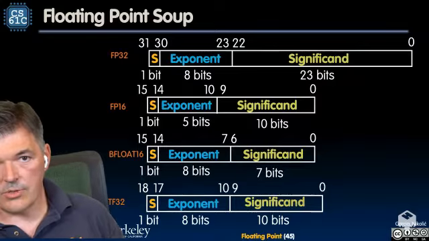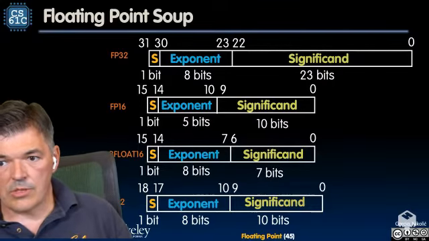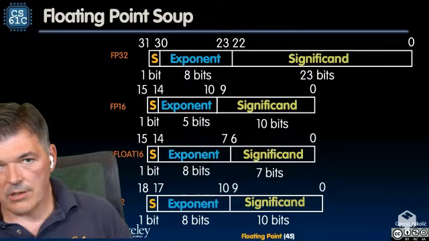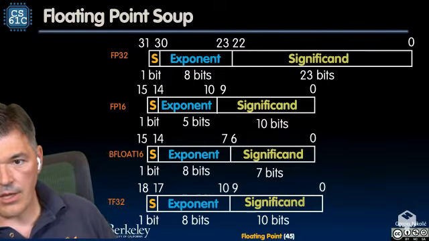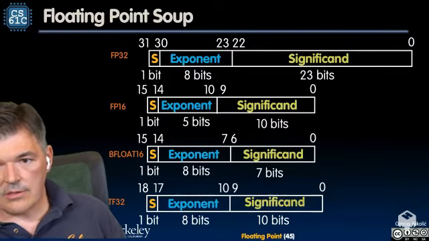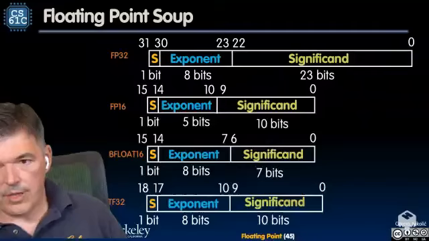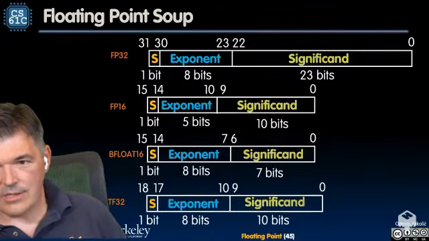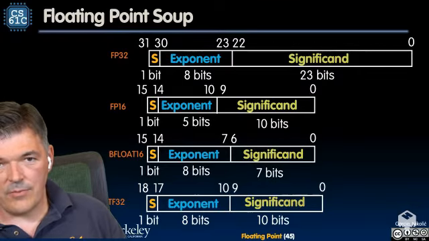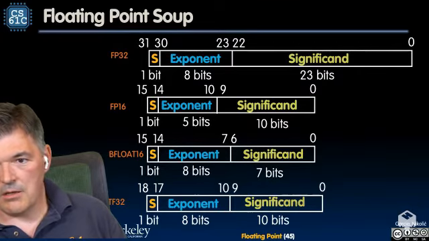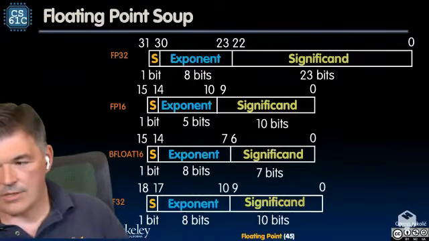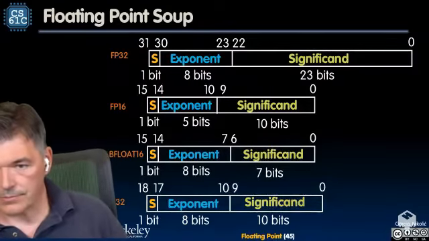Google is using bfloat16 because they want more exponent, more range, and they don't care that much about the mantissa or significand. And then now there is TF32, which basically takes the exponent from bfloat and matches it with the mantissa from FP16, puts everything together, ends up in 19 bits and just rolls on.